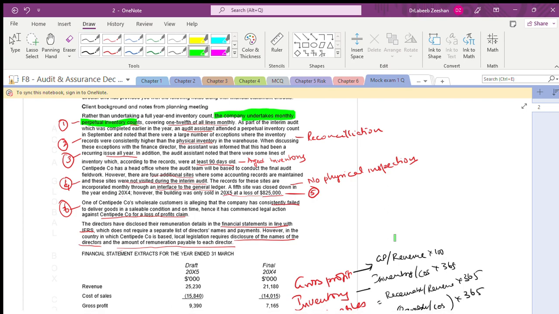Is it right? It is not periodic. Periodic means month to month. Perpetual means continuous. Fine.